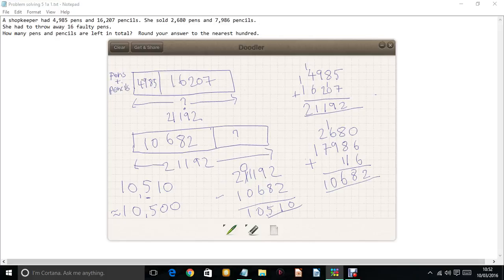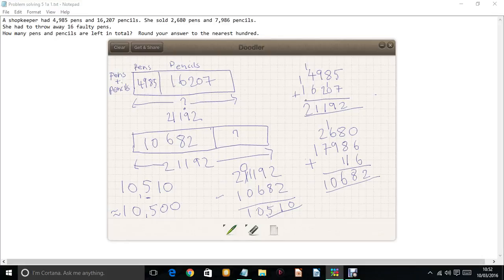In fact, this was how many pens and pencils the shopkeeper had altogether at the beginning of the problem. Here we had pens, 4,985, and here we had pencils. If I add those two together, I can calculate how many pens and pencils I had all together at the beginning of the problem.